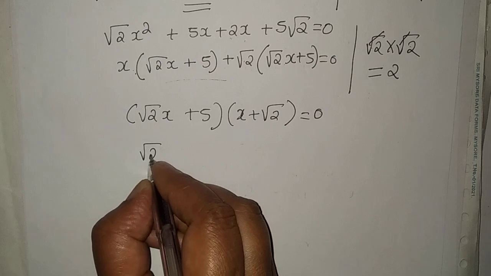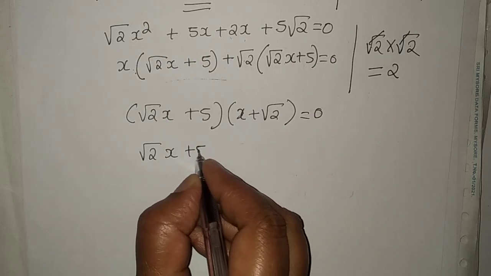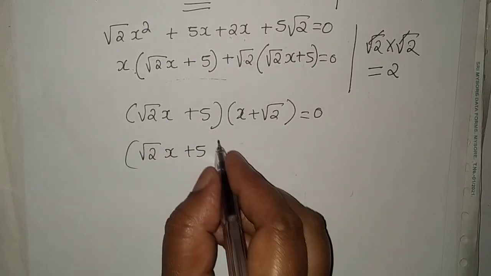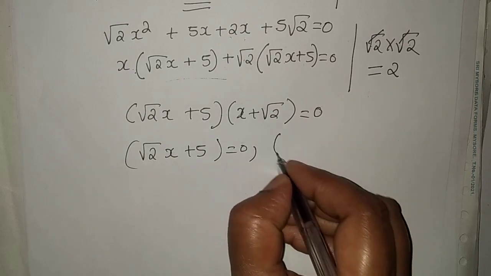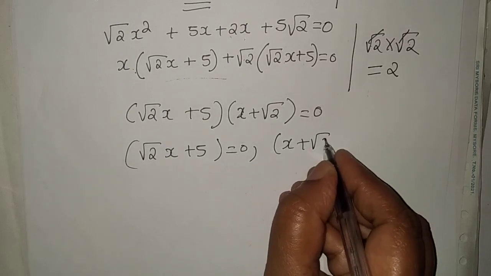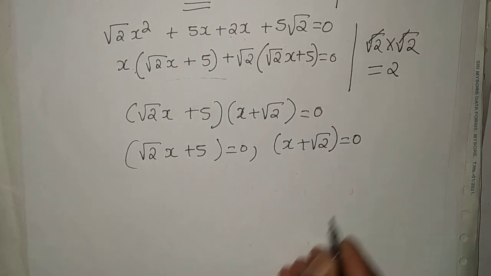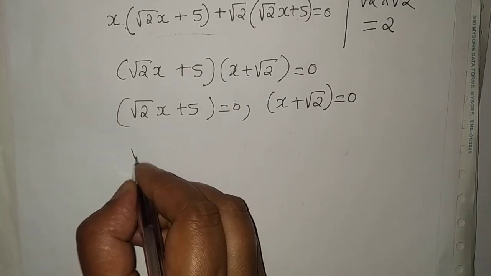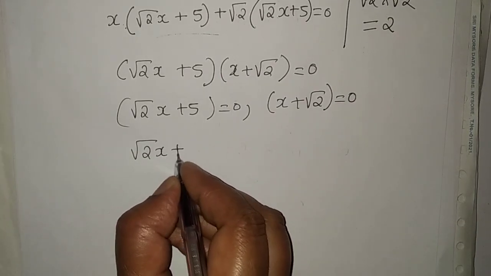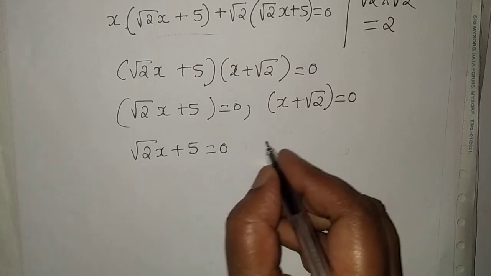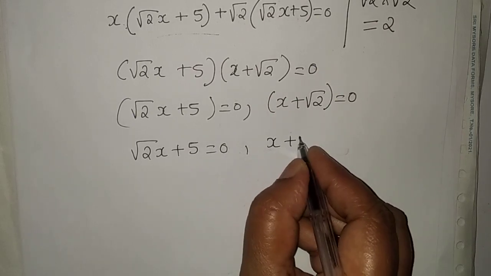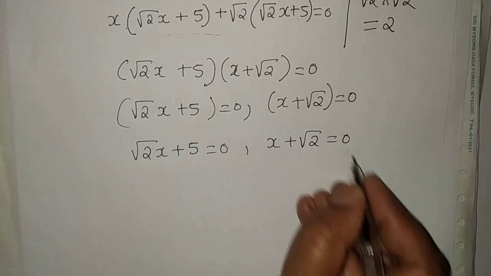Now take separately root 2x plus 5 is equal to 0 and x plus root 2 is equal to 0. Then x plus root 2 is equal to 0.